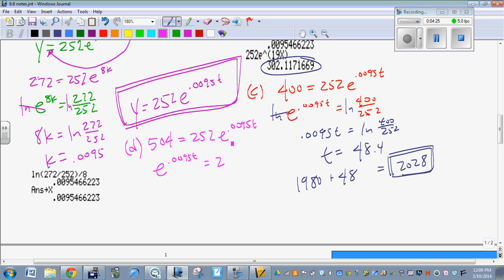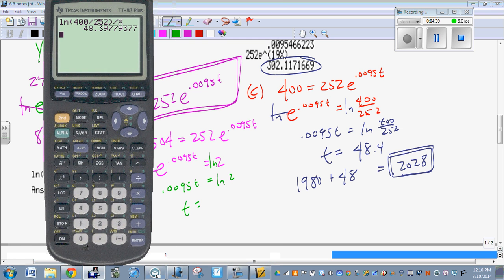Because this is double that. Just like before, we're going to take the natural log of both sides now, and we get 0.0095t equals natural log of 2, and then we just have to divide both sides by 0.0095. So we get natural log of 2 divided by x, since I stored that in there for x, we get 72.6.